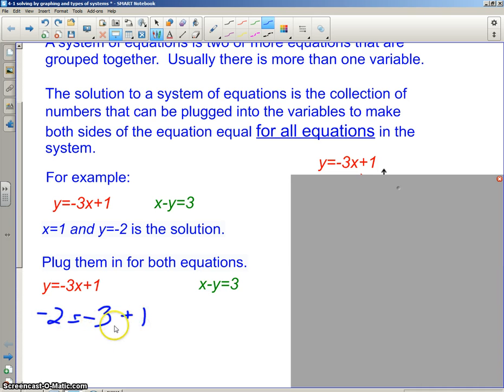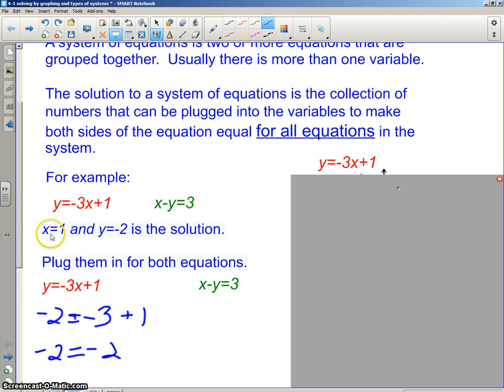So -2 equals -3 plus 1. That's true. It works. Remember what it means to work in an equation, to be a solution. It's got to work. One side actually has to be equal to the other side. So same thing here.